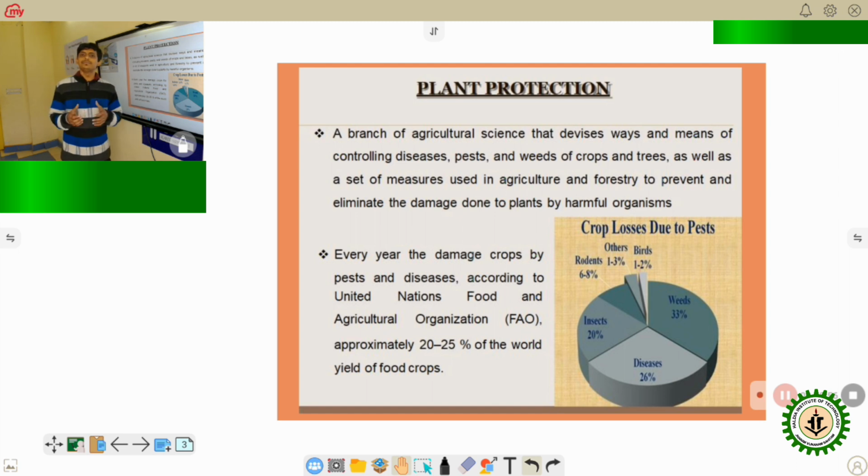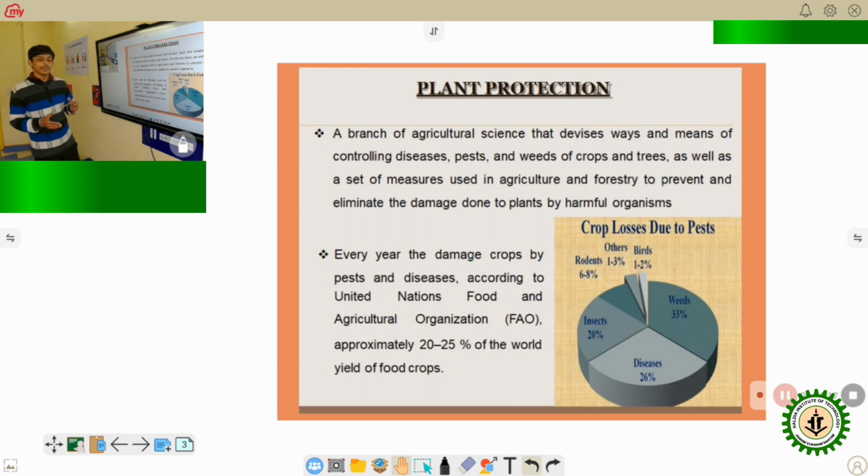Crop protection is very important because there are so many losses of the crops, and in order to reduce these losses, crop protection is very important.